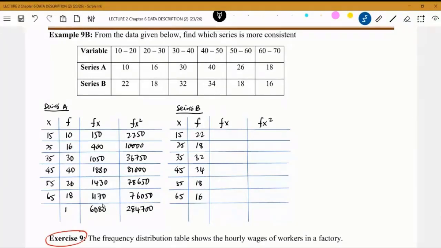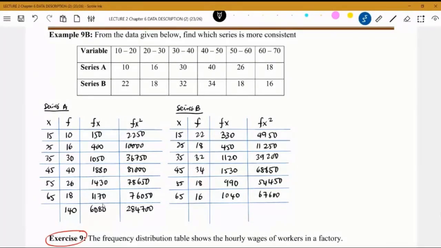140. Okay. Alright. Summation for fx series B. So 330, 450, 1120, 1530, 990, 1040. And then we have 67600.